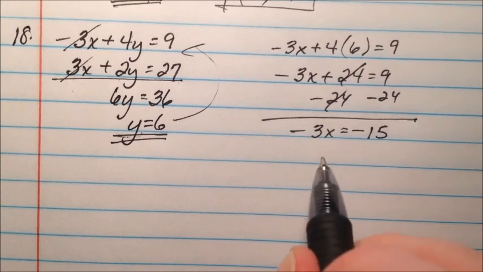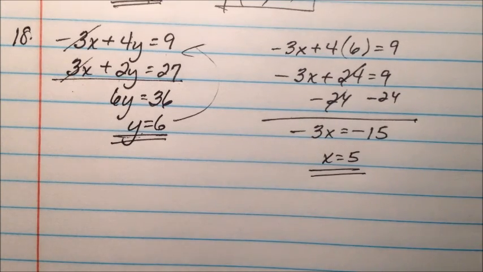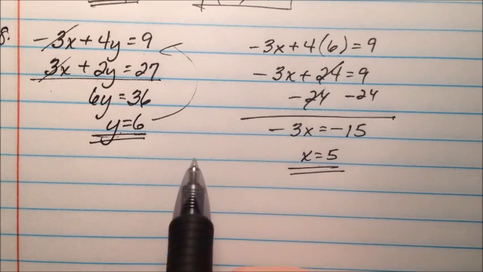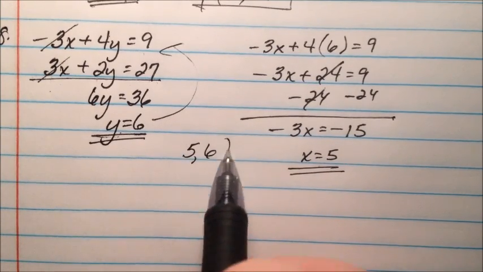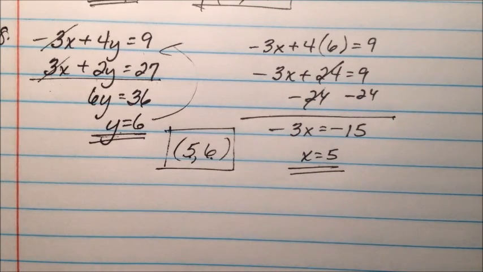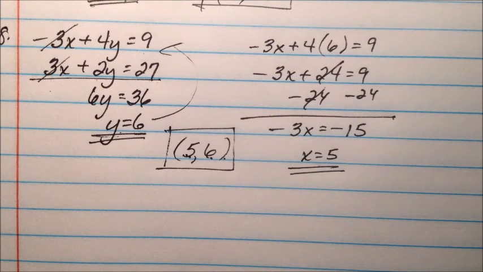Negative 15. When we divide both sides by negative 3, we'll get x equals 5. So we have two values now, our x value and y value. So it looks like our ordered pair will be (5, 6), because our x is 5 and our y is 6. So these two lines will intersect at this ordered pair, (5, 6). And if we're going to classify that, it will be consistent and independent.